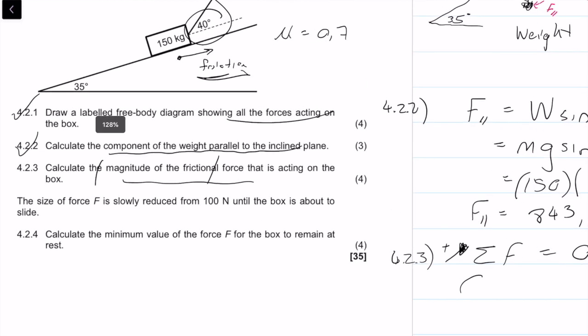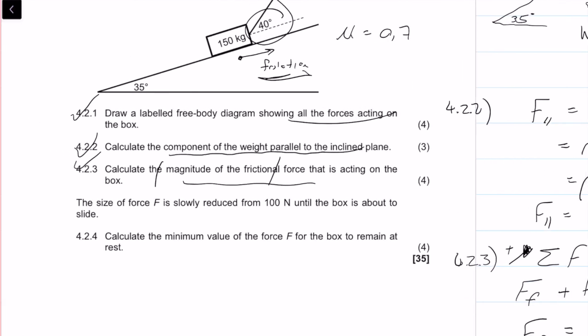Okay, cool stuff. Then it says, the size of F is slowly reduced from 100 until the box is about to slide. Calculate the minimum value of the force F for the box to remain at rest. How are we going to do this?